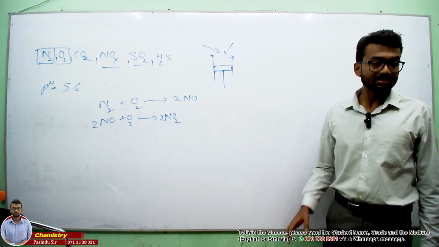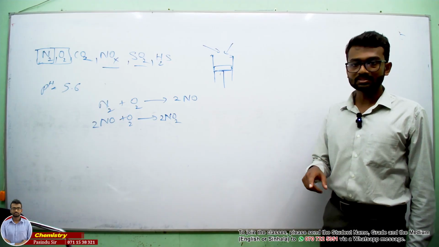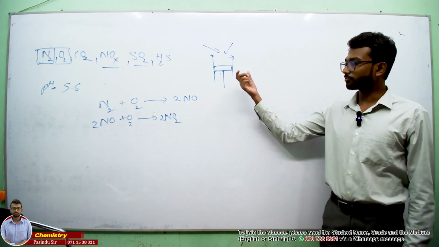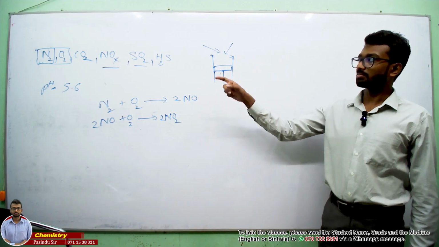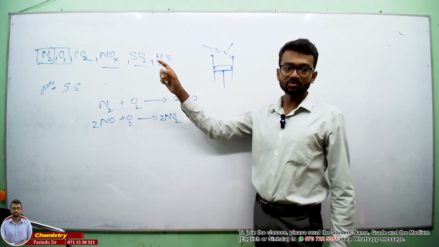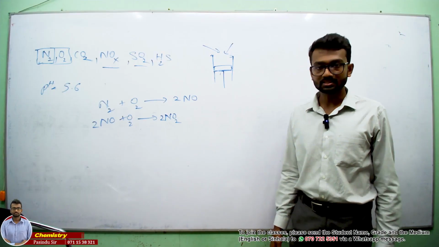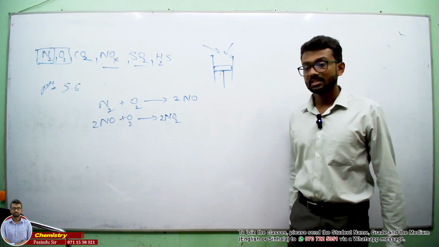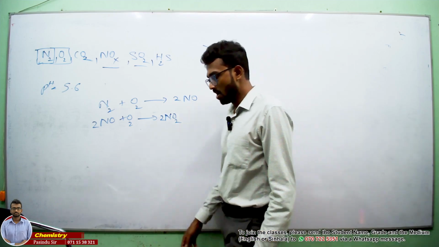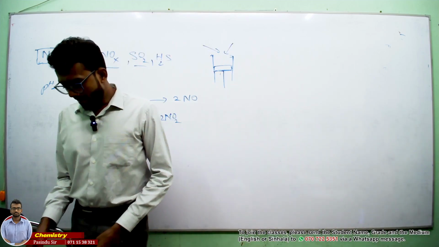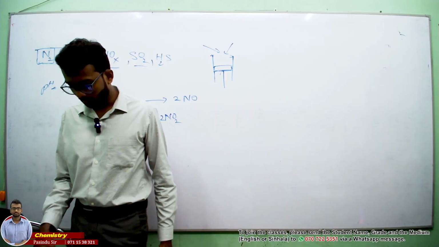That condition initiates the reaction. Then when fossil fuel is burning, when hydrocarbons are burning, some amount of nitrogen also reacts with oxygen and is released to the environment. Clear? Yes, sir, clear.